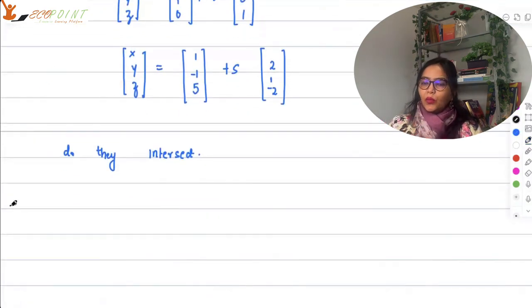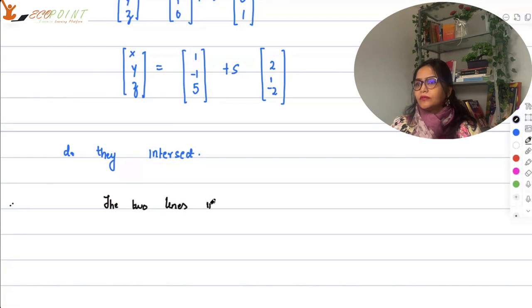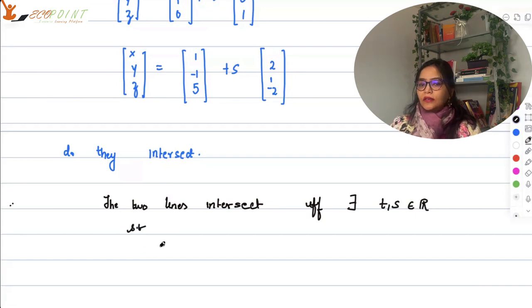Logically speaking, when two lines intersect, then at that particular point, they're equal, right? So that means the two lines intersect if and only if there exists at least one t, s belonging to R such that the two parametric forms are equal.